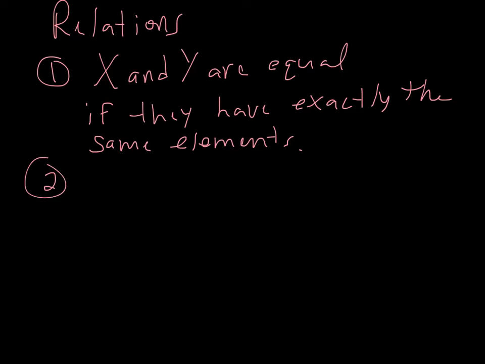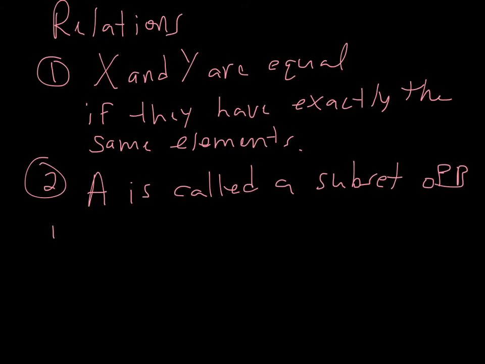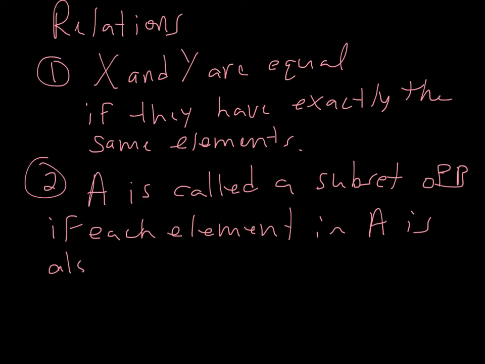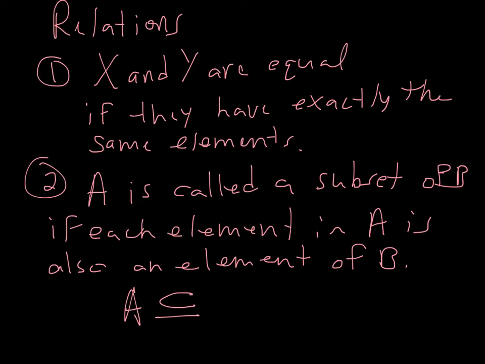And then the second part of that, this is a little bit more interesting, I think, is A is called a subset of B if each element in A is also an element of B. And we use this notation, A and sort of a sideways U with a line underneath.